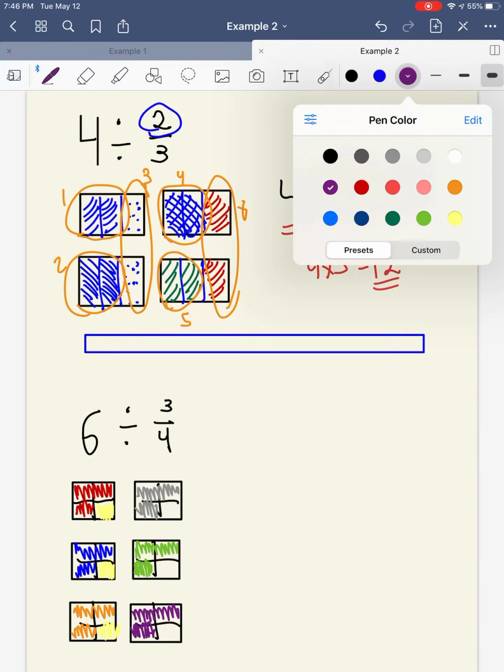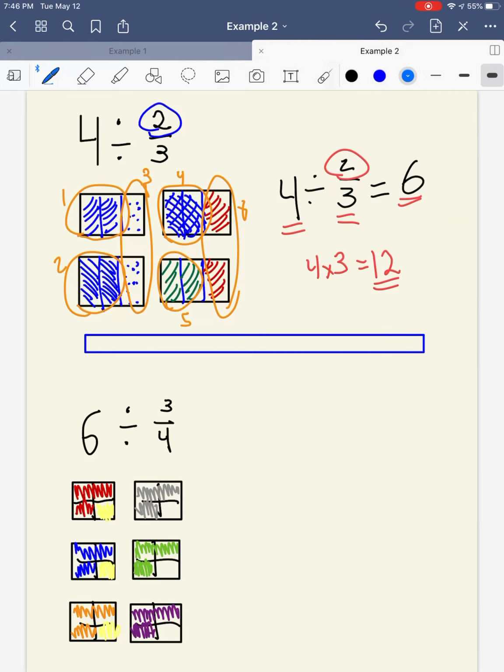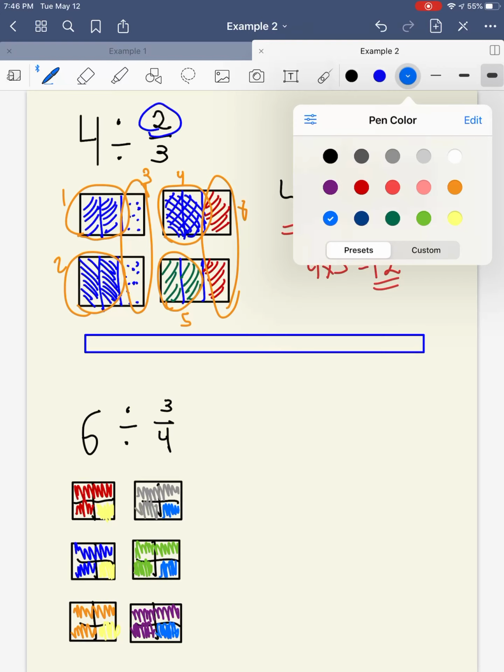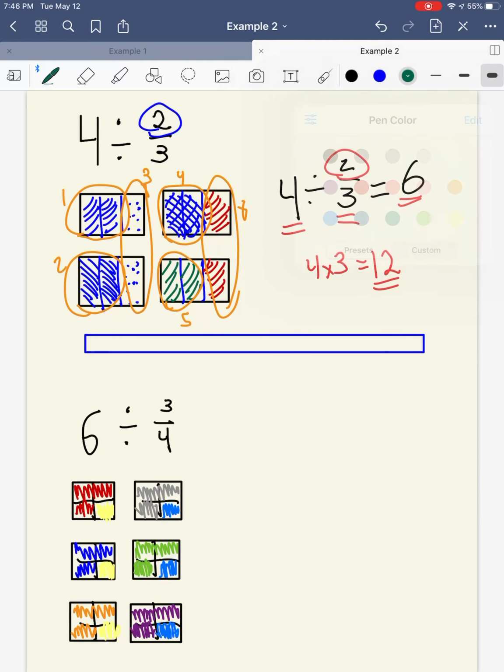It looks like we've got room for one more. Oh, light blue. Why not, right? So how many were we able to make? We'll do this green. So we've got 1 in the red, 2 in the dark blue, 3 in the orange.